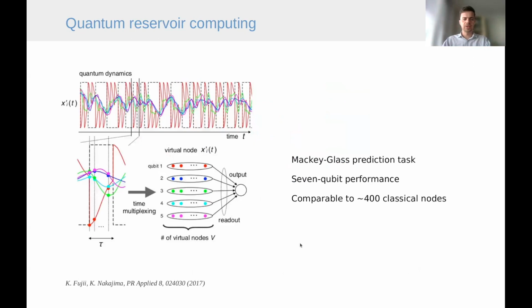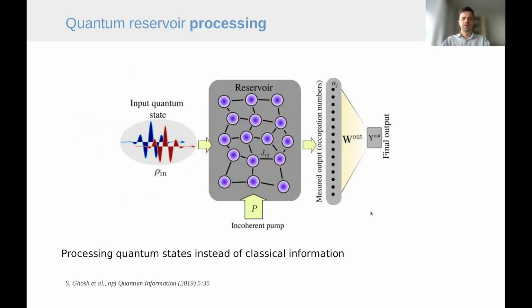And this was considered first in this paper, where it was shown that a quantum reservoir can be much better than a classical reservoir. So using just 7 qubits, we can have comparable performance to 400 classical nodes. But what we would like to consider is performing not only classical tasks, but quantum tasks also.